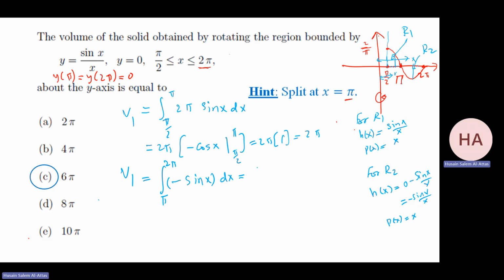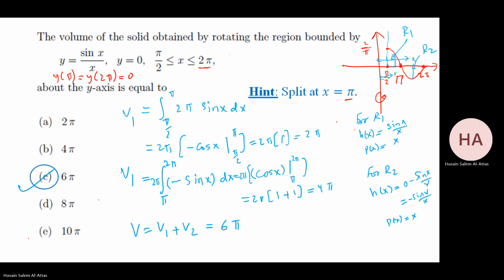That gives me cosine x. Don't forget I have 2 pi. So that gives me 2 pi times this, from pi to 2 pi. Cosine pi is minus 1, so 1 minus minus 1 will be plus 1. So I have 4 pi. The volume V1 plus V2 gives me 6 pi. That will be my answer.